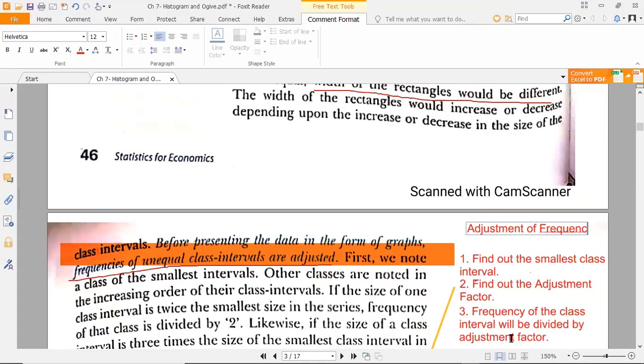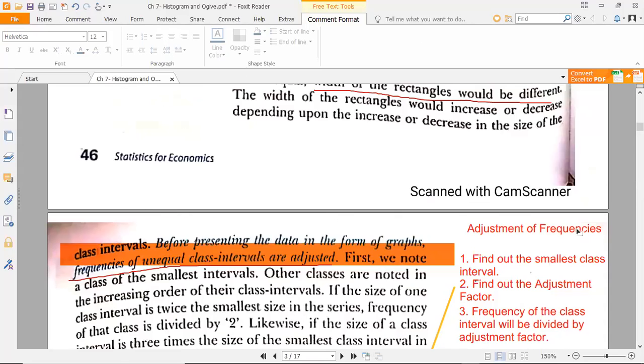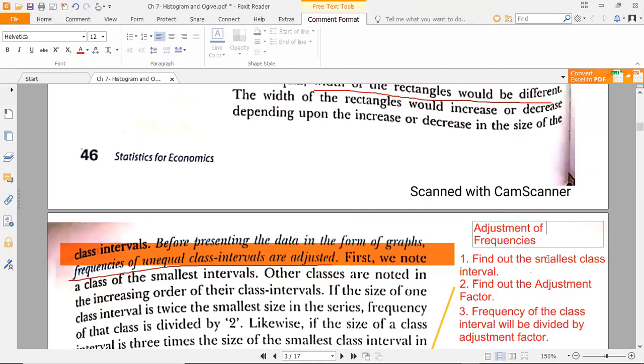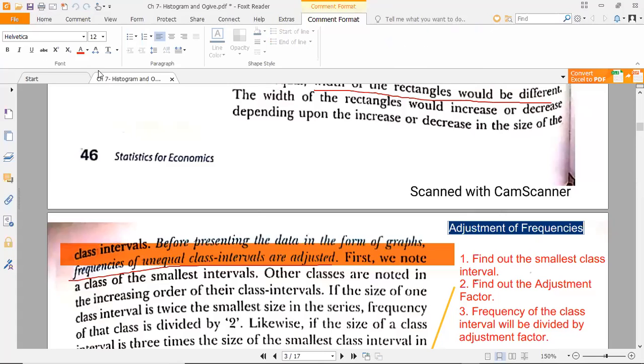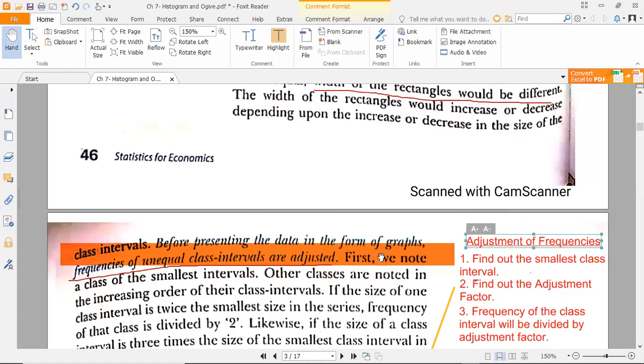Adjustment of frequencies is what we are going to do, and the steps we have noted down over here.